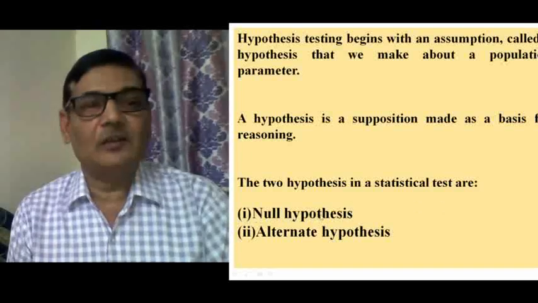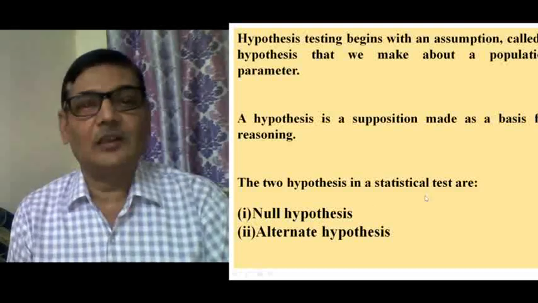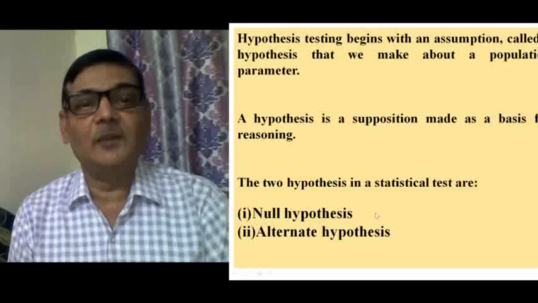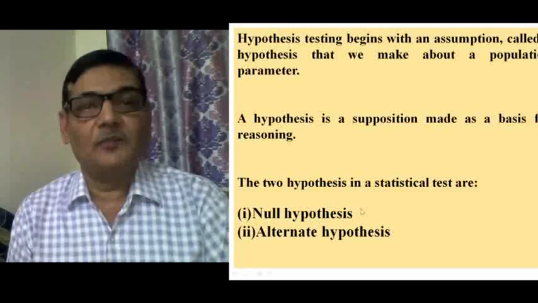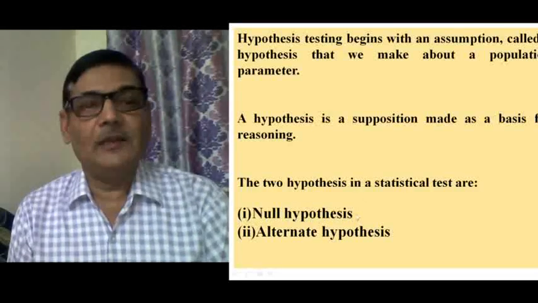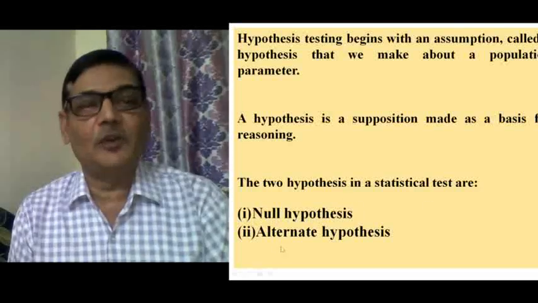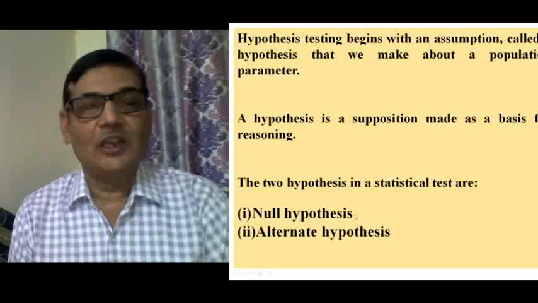Null hypothesis means no difference is there in the collected data and the data which has already been procured earlier. If we have to make a comparison between the two, then we make that assumption. And if we do not consider this null hypothesis, then the other one will be the alternate hypothesis. It will be just opposite to the null hypothesis.